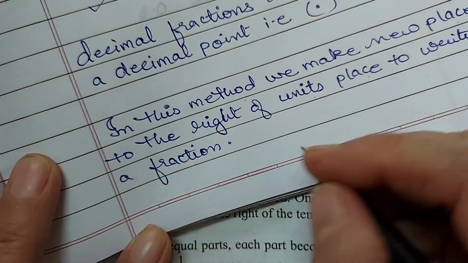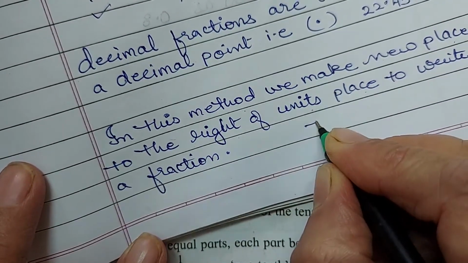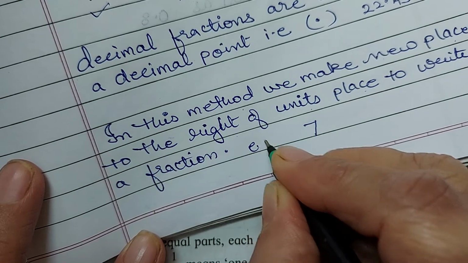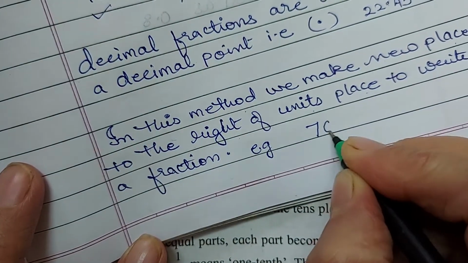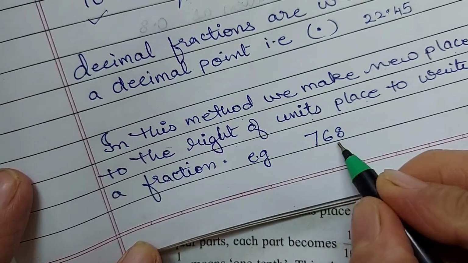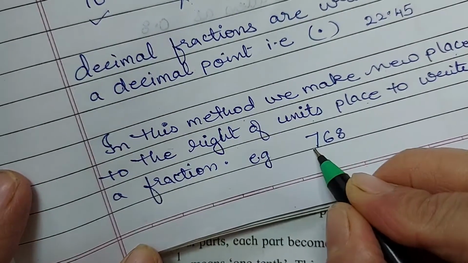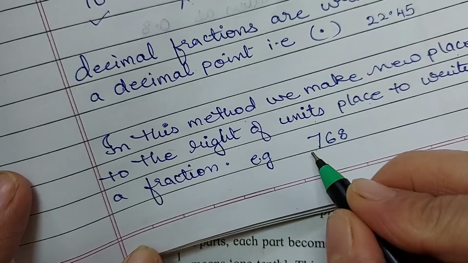Now you know how you write a number, for example, this is 768. Now this is what? 3-digit number. Units, tens, hundreds. You all have been learning this for years.